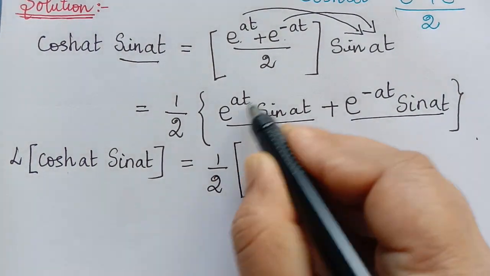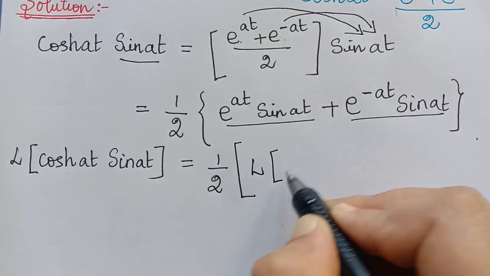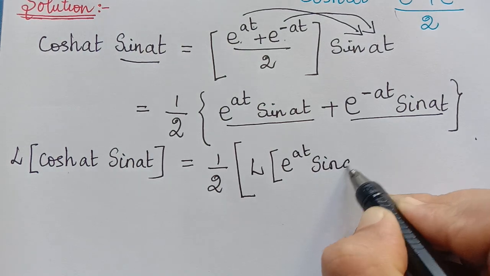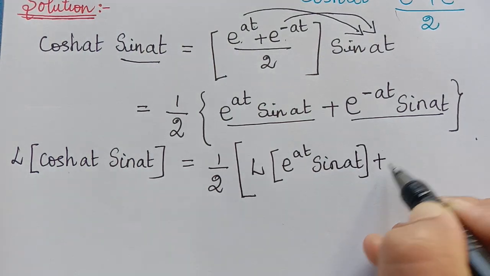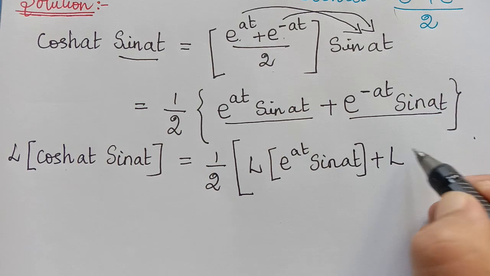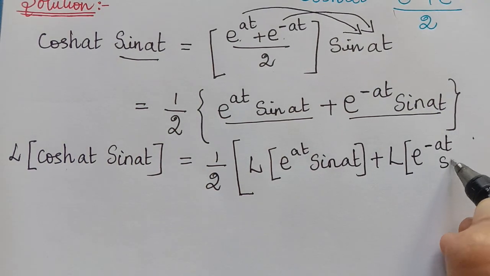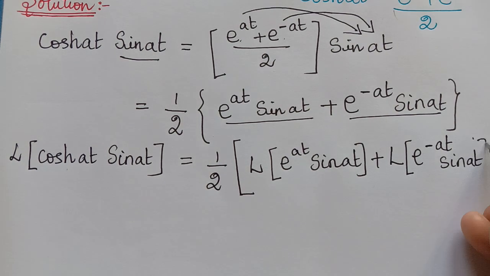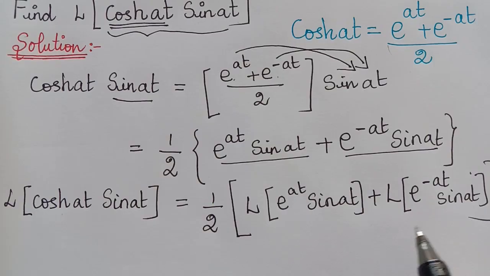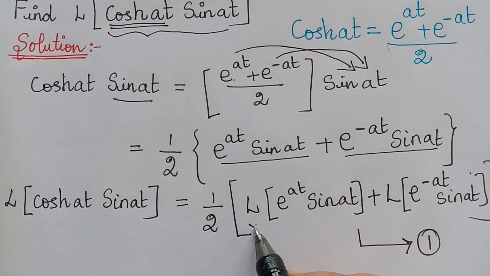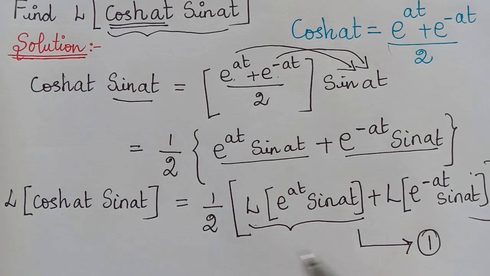So the Laplace transform of the first term, that is e to the power at multiplied with sin at, plus the Laplace transform of the second term, so it will be e to the power negative at sin at. Let us mark this as equation 1.